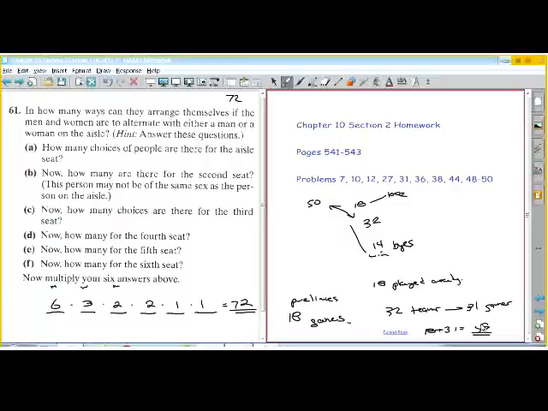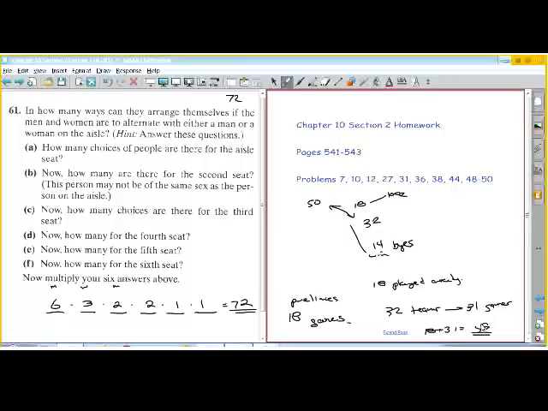So I use this example to show it doesn't matter how many teams you start with, you always have one less game than the total number of teams if it's a single elimination. I'm going to read from the book because they say it much better than I do. If there are no ties, each time a game is played, a loser is eliminated.